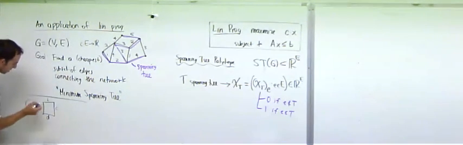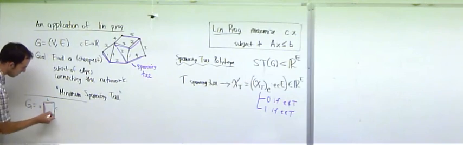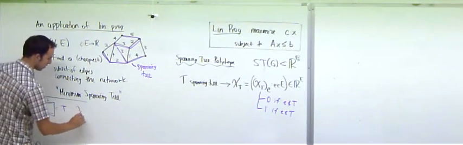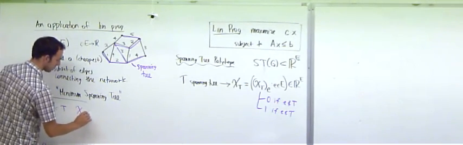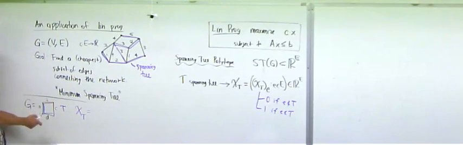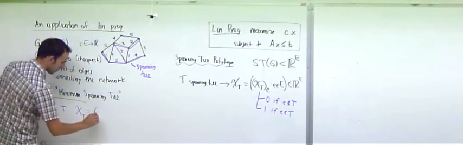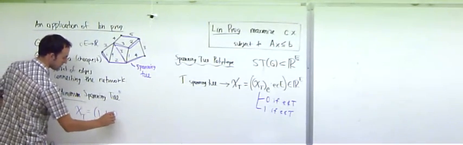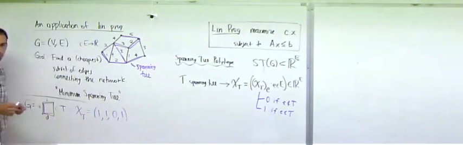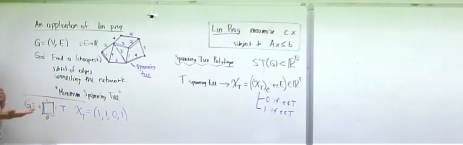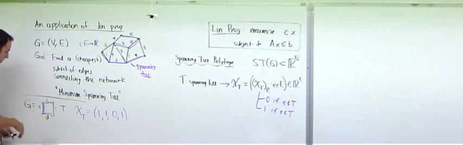So, for example, here's a spanning tree: A, B, D. So this is T. And so I'm assigning to it the characteristic vector, which just keeps track of what edges are in there. A is in the tree, B is in the tree, C is not in the tree, and D is in the tree. So what I'm doing is just encoding my tree with a bunch of zeros and ones that tell me which edges are in and which edges are not in.